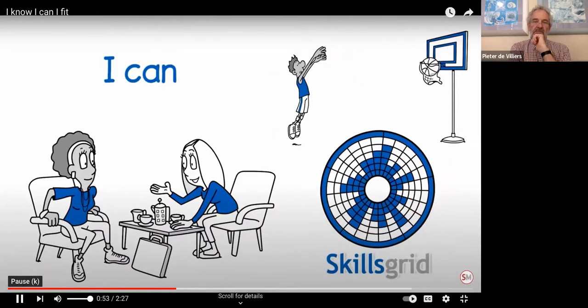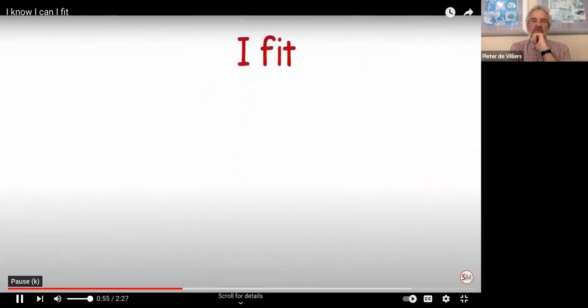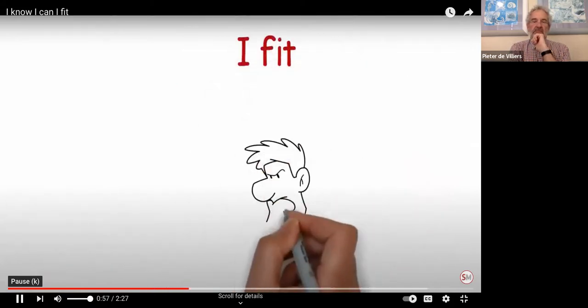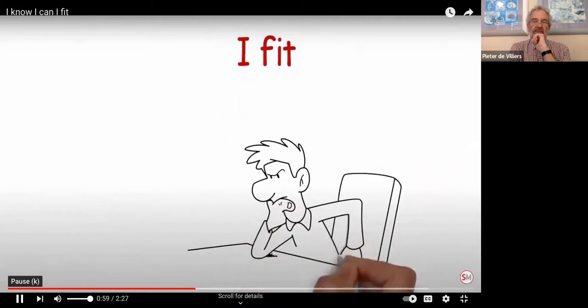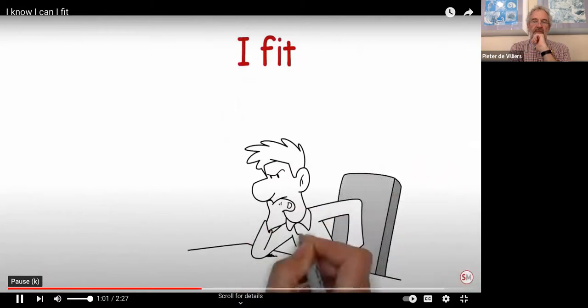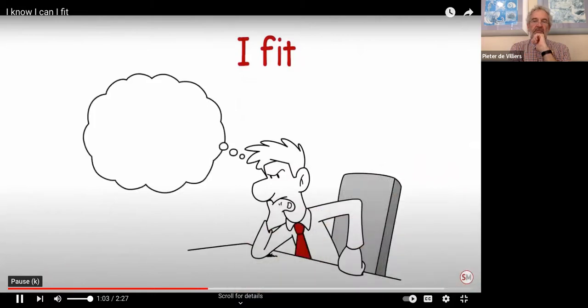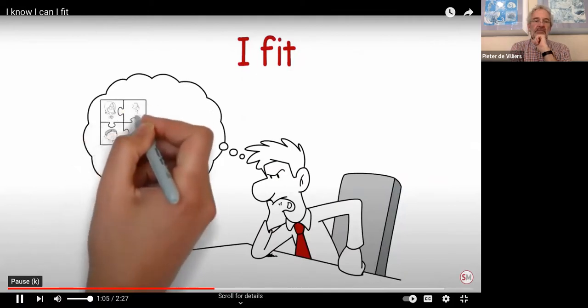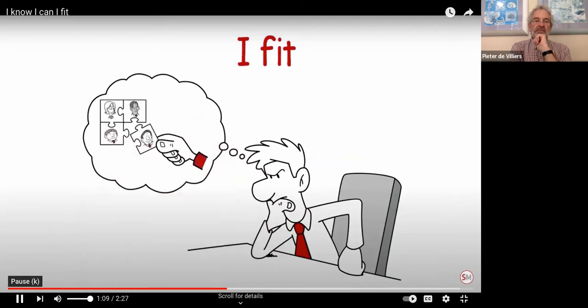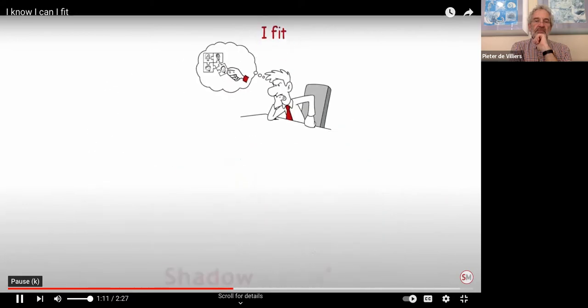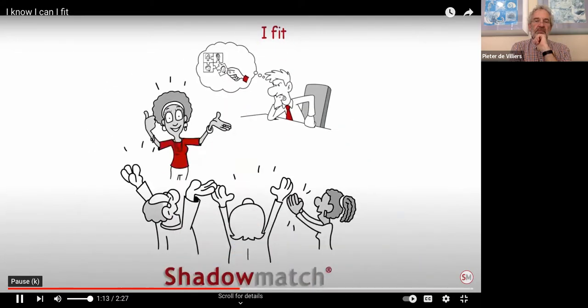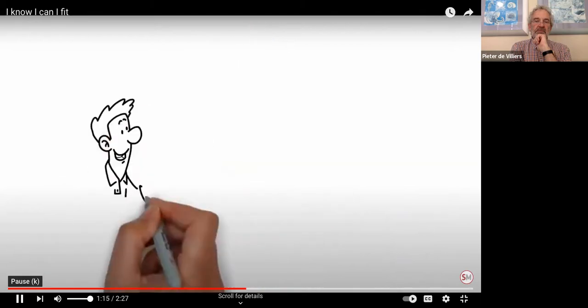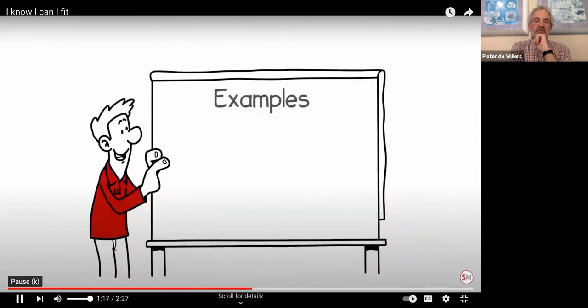The third component is the I fit part of a job. This is about employee workplace compatibility. This is probably the most challenging aspect of the 3. The question is, do the behavioral patterns of the employee meet the behavioral expectation of the working environment? It is in this area where Shadow Match is used with great success. I will now explain the above by means of a few examples.